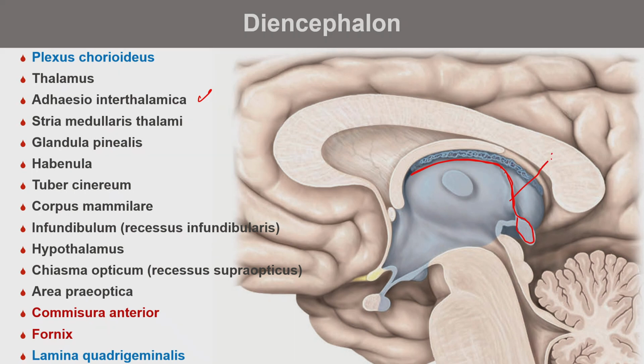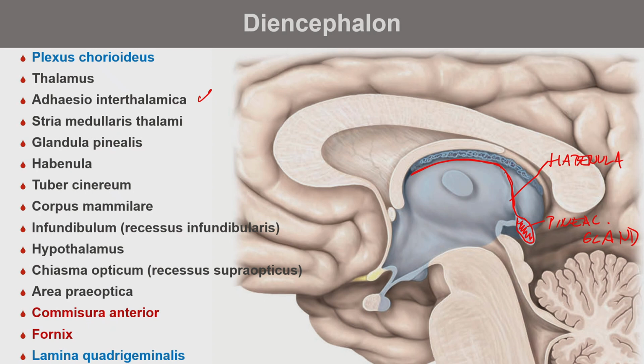There are two structures, habenula, and this structure which is a pineal gland. Pineal gland is a very important organ which could coordinate our circadian rhythms.